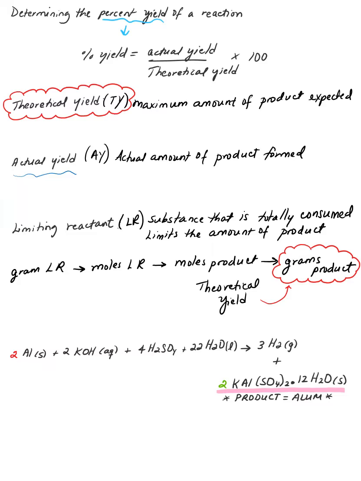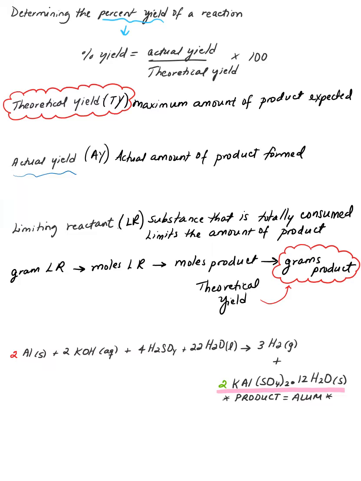So you have reactants in excess, and you have a reactant that is going to determine how much product you can get at the end of your reaction. So the limiting reactant is the one that is going to be used up entirely, and it's the one that determines how much product you can get at the end. And you will see with the example.